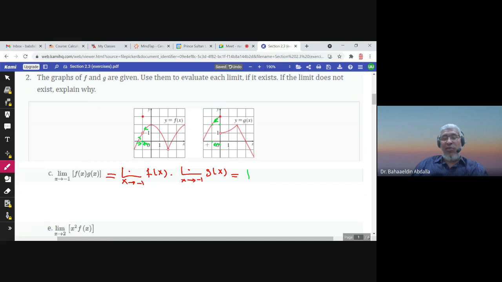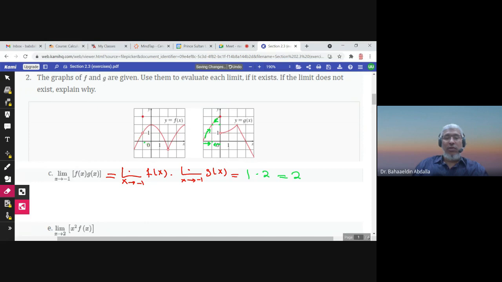If x approaches -1 from the left, also the function would be here, so it will go up to 2. So limit of g of x when x approaches -1 is just 2. And the answer would be 2.